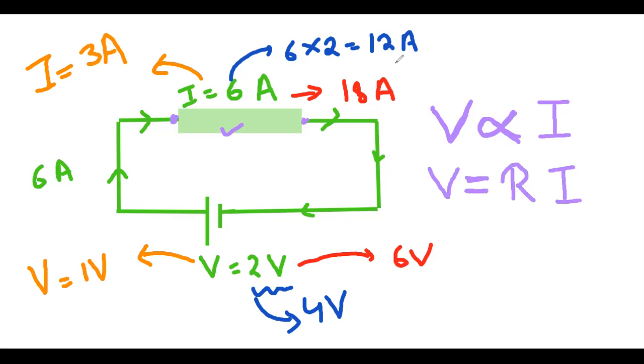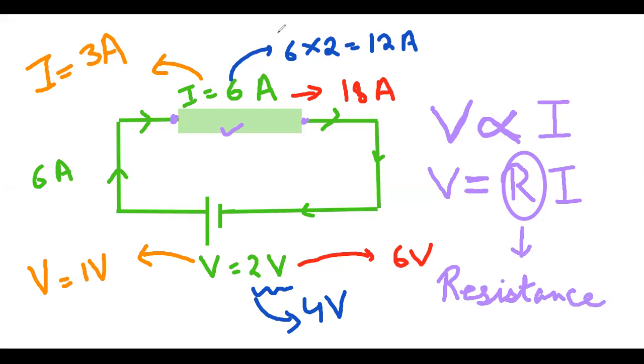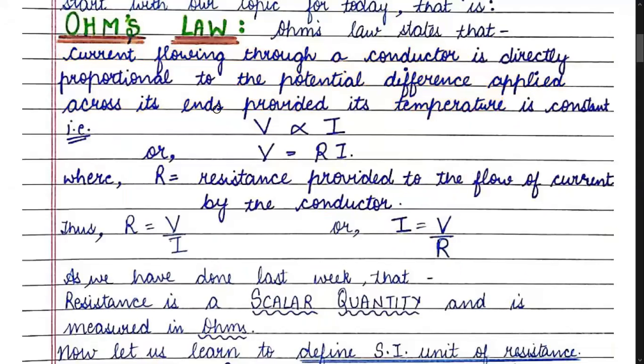Remember that whenever a sign of proportionality is changed into sign of is equal to, we will always write some constant, and in this case our constant is capital R, which means the resistance of the conductor. So let us continue further.